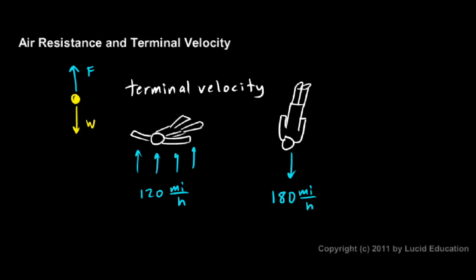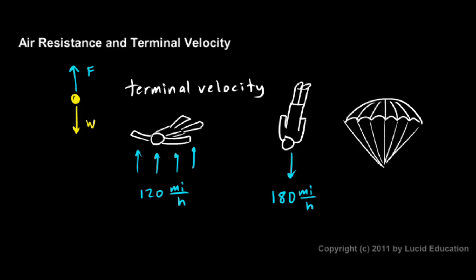Now, if you fall with a parachute, the parachute is designed to have a very high drag. It's designed to catch a lot of air. And so you might be here, holding onto the parachute and falling down.